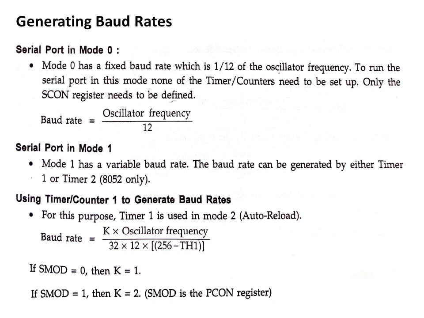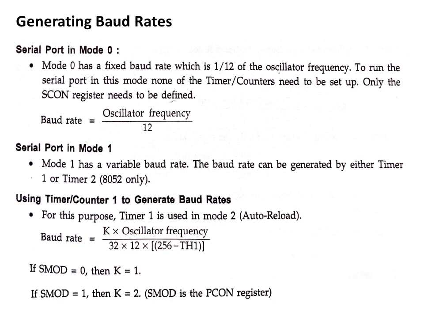To run the serial port in this mode, none of the timer or counter needs to be set up. So timer counter setup is not required to work in this particular mode. Only the SCON register, that is the serial control register, needs to be defined.